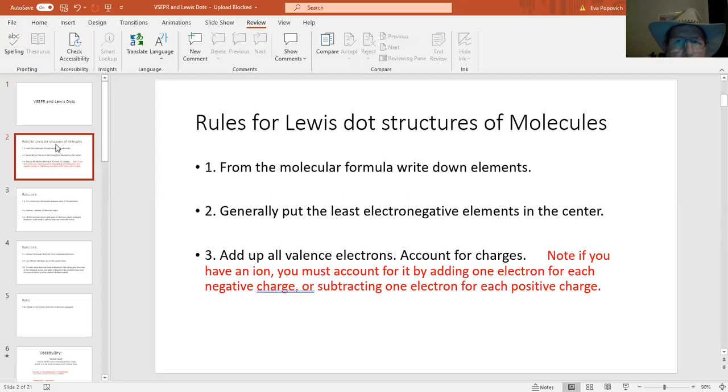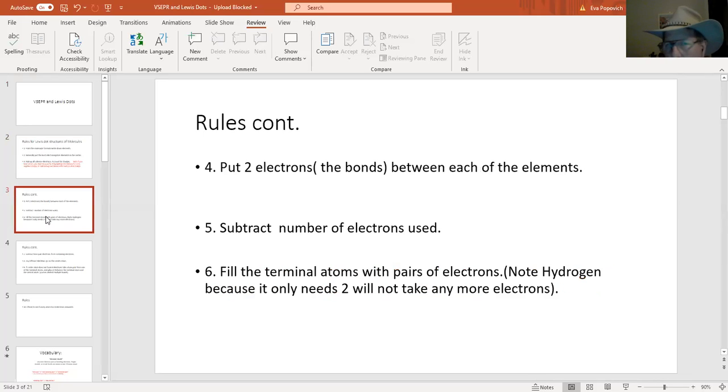If you have an ion, you have to account for it. If you have a negative ion, you add electrons. If you have a positive ion, you take electrons away. Put 2 electrons between each of the elements. Those are the bonds. Subtract the number of bonding electrons you used from the original valence electrons.